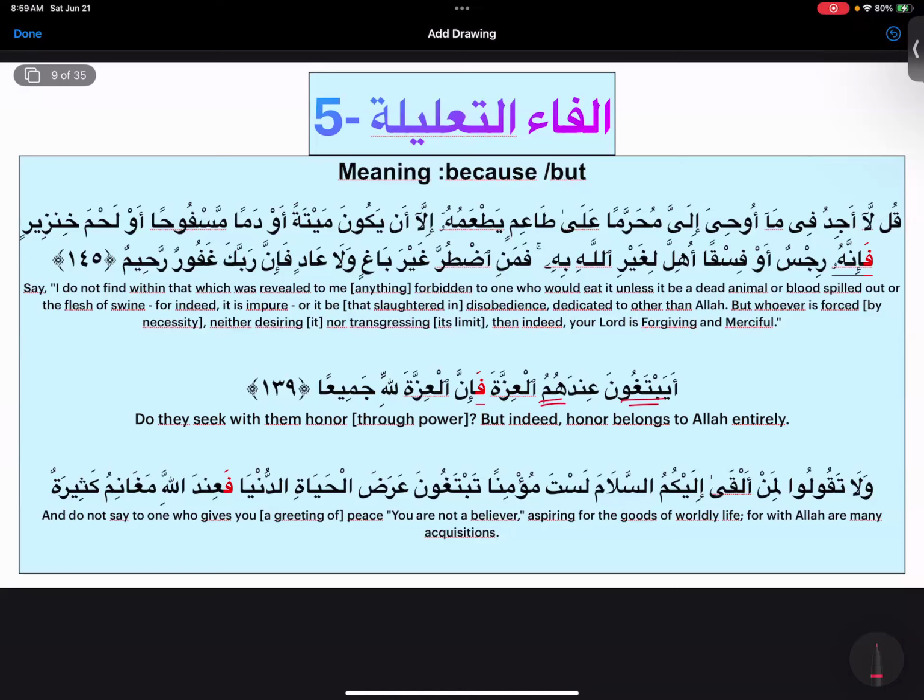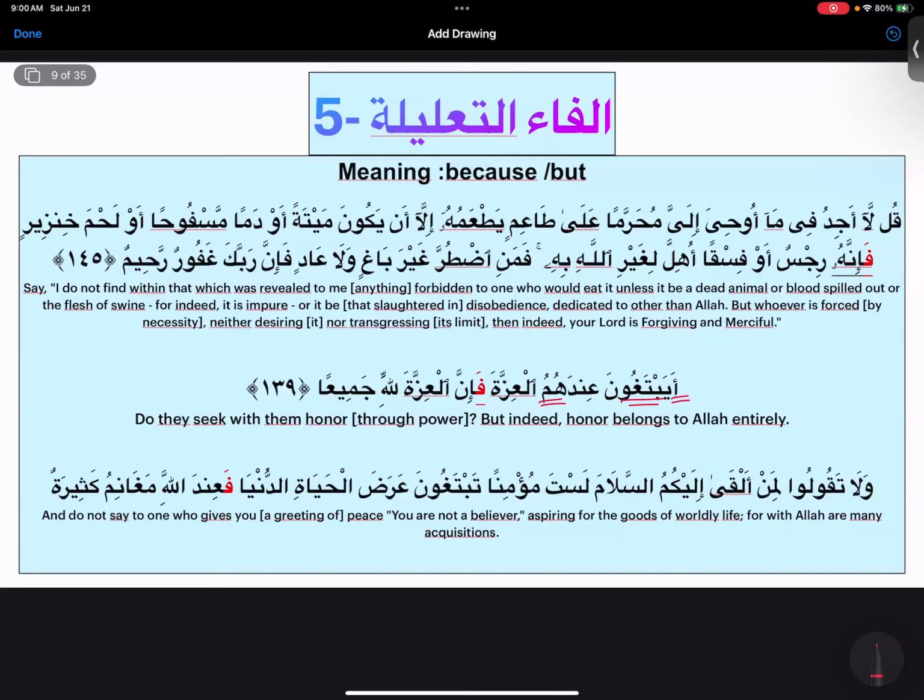So I think this statement, innal izzata lillahi jami'a, is telling why Allah subhanahu wa ta'ala was asking that previous question. And this question is not even a yes or no question, so Allah subhanahu wa ta'ala is doing a tawbikh over here. Exactly, yeah.